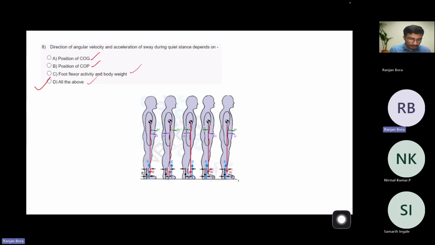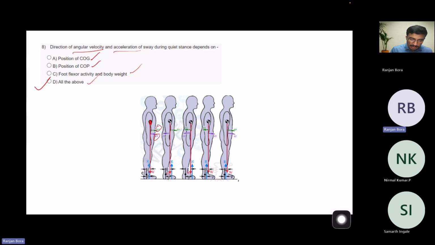So you can see the direction of angular velocity and acceleration, means the direction of omega and alpha. Position of COG means this W position.